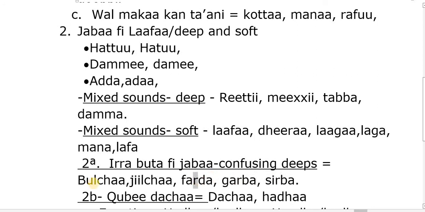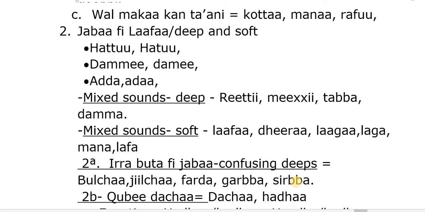Anywhere we have rabuta, or silent or semi-silent, the next consonant sound is deep: bulcha, jilcha, and so on. Farda, garba, sirba. But the rule of rabuta says that even though we have strong, deep sounds, we don't double any sound that is followed by rabuta.